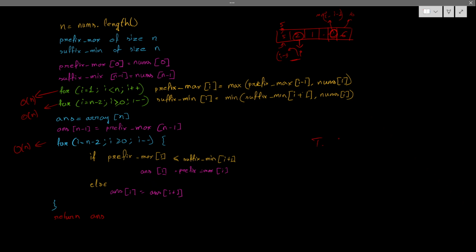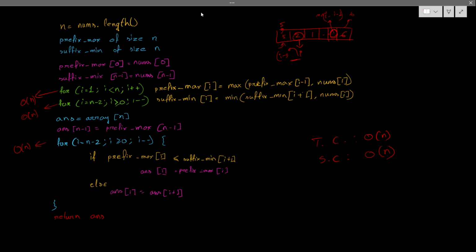Space complexity: I am taking an answer array, so that is also n. I am taking prefix and suffix arrays, that is also length n, big O of n. So can I optimize this? Time complexity is already optimized, big O of n, but space complexity we can't optimize.